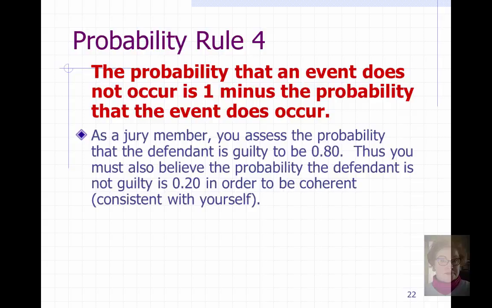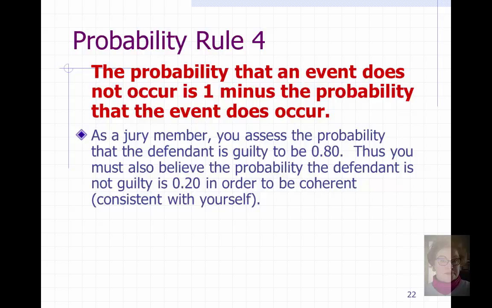Now, I don't like these examples because you're guessing at the probabilities, especially this first one. But if you think it's 80% probability that the defendant is guilty, then you must also believe that the probability that the defendant is not guilty is 20%.